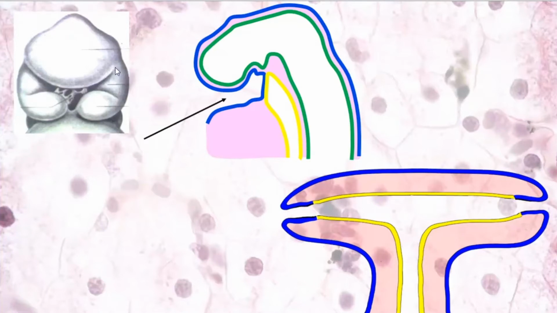Here we can see maxillary arcs and mandibular arcs which surround embryonic mouth. And here we can see embryonic oral cavity. It's unbroken oropharyngeal membrane and its place where this oropharyngeal membrane was broken.